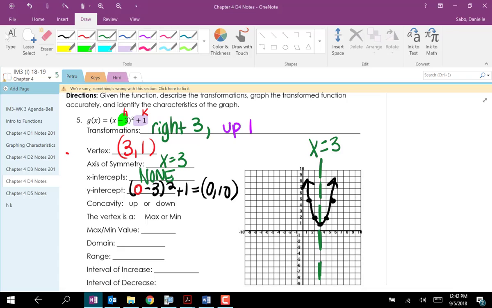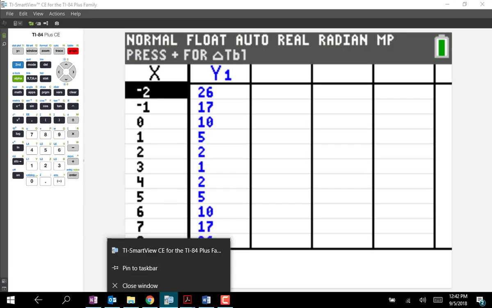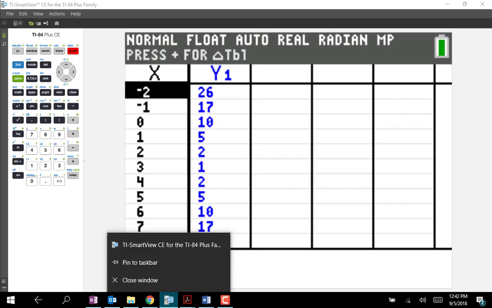I'm going to show you how to do that in your calculator now. If you go back to your table on your calculator, here we go, I'll show you. Take a look. 0, 10. So if you were right here on your calculator, and you're like, what is the y-intercept? Just look for 0. Here it is. 0, 10. Look at that, you just confirmed it. Your math that you did in your head is going to be correct.